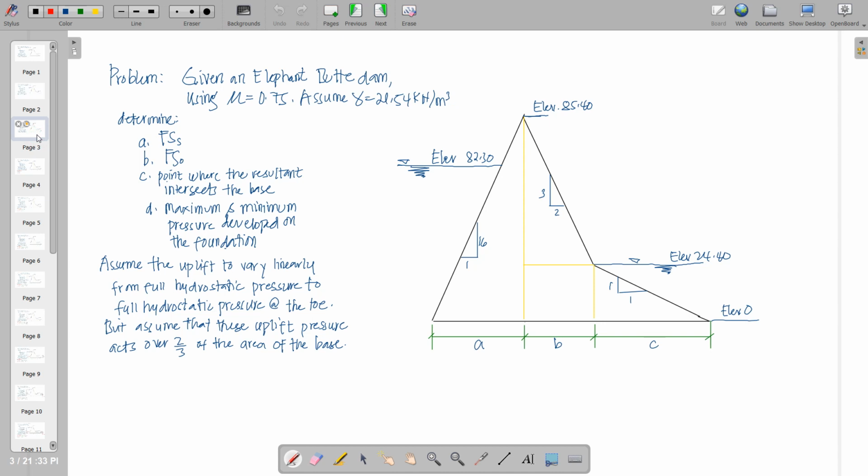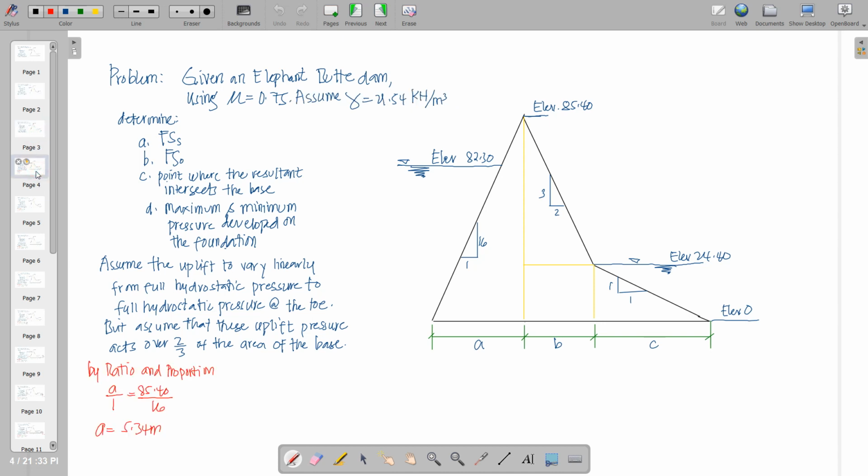Anyway, vertical dimensions are already known out of the reference elevation from the illustration. Further, the slope of each of the inclined portions of the dam is given.